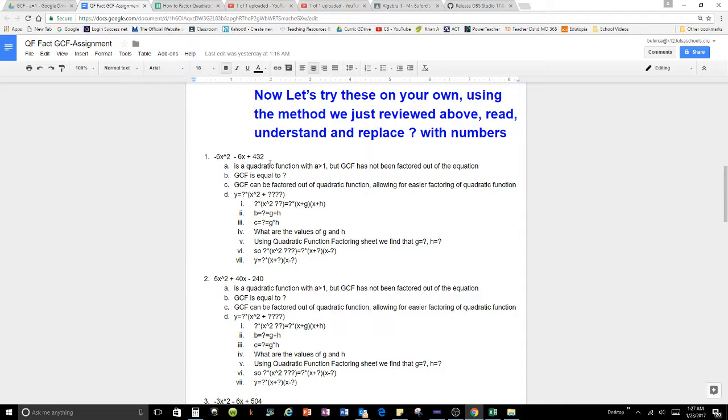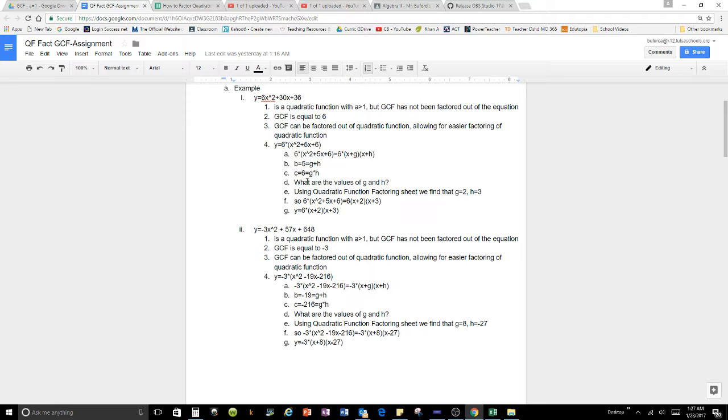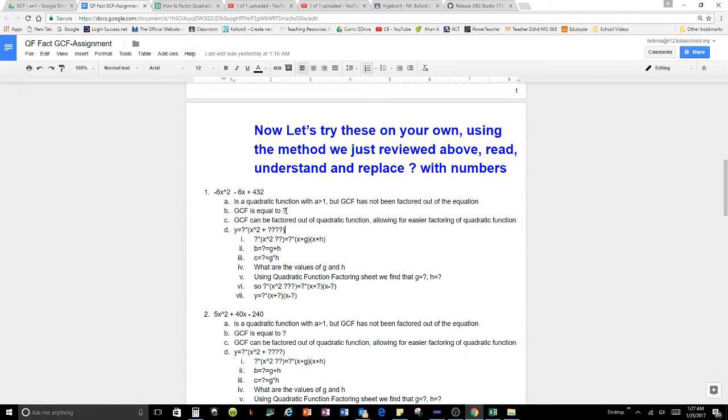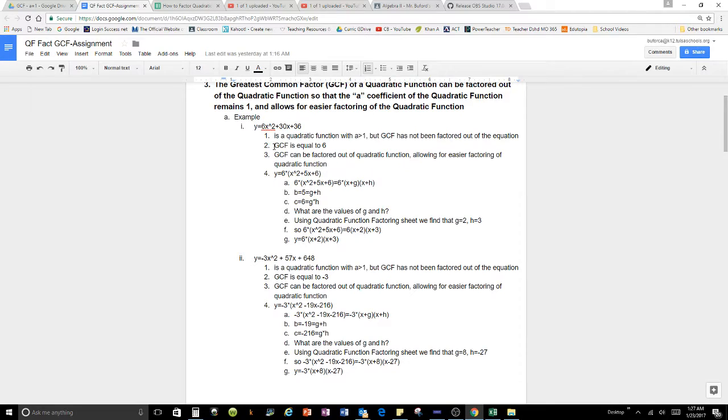I mean, if you take time and read through each of these examples and see what numbers are here. There's a question mark here. If you go to B, it says greatest common factor is equal to question mark. Here you see greatest common factor is equal to 6, because that's the number that we pull out of here, right?